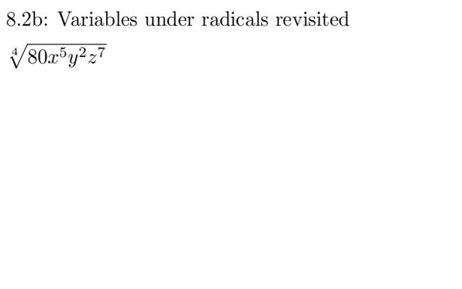So we have the fourth root of 80 is equal to 2 times 2 times 2 times 2 times 5, and then we still have the x to the fifth, y squared, z to the seventh.